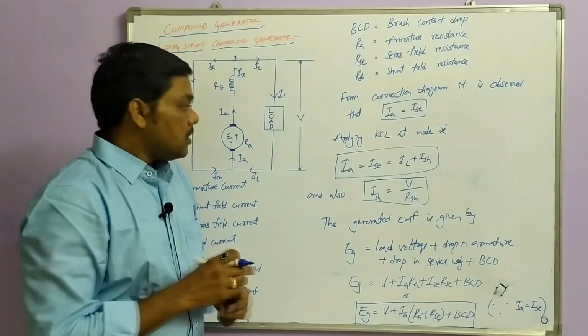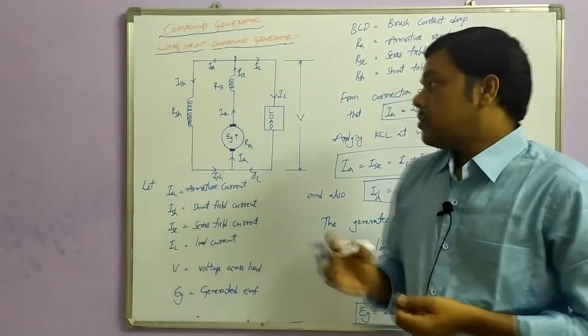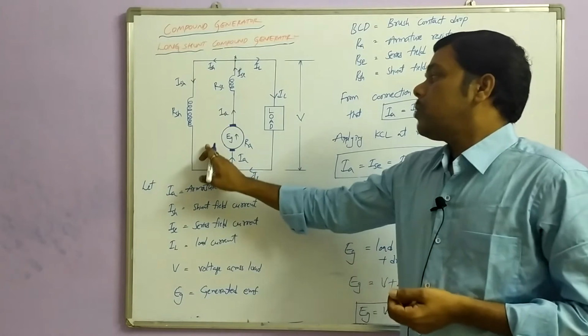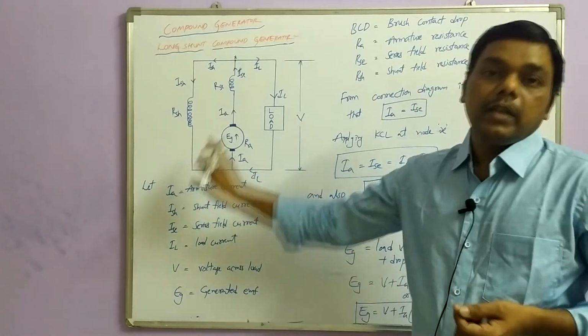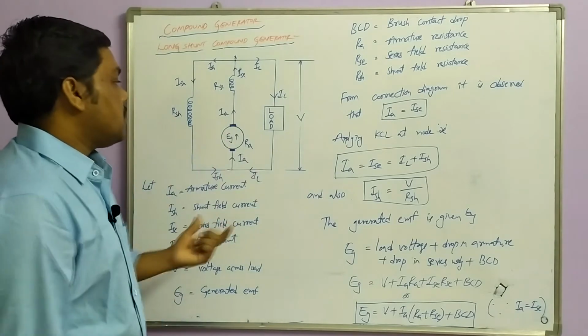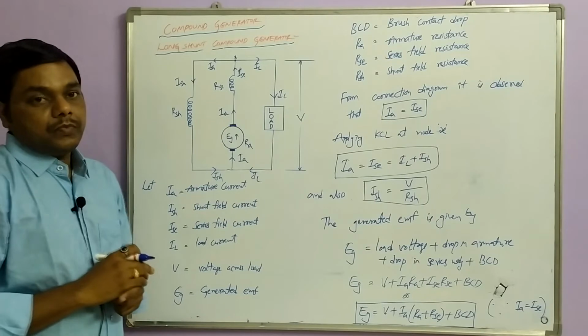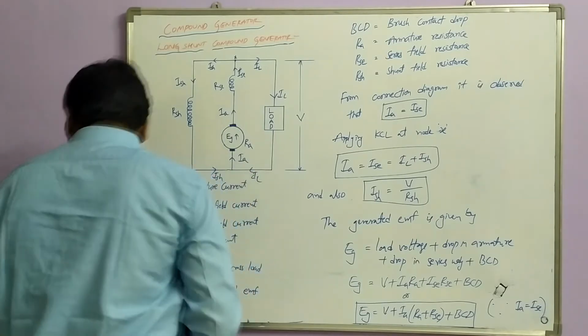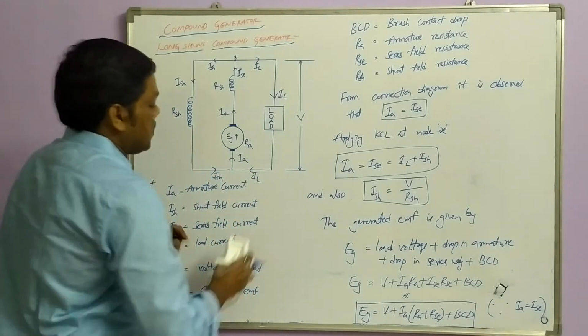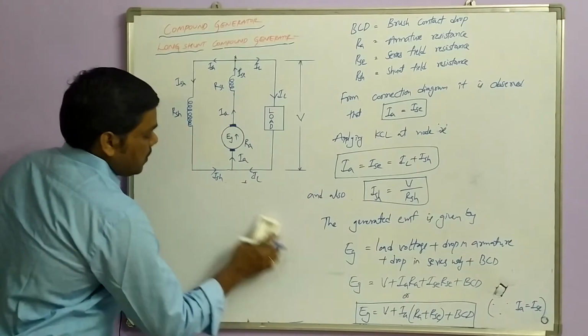If we further calculate the power, the power delivered to the load and the actual power generated in this generator can be written in terms of EG IA and also V IL.